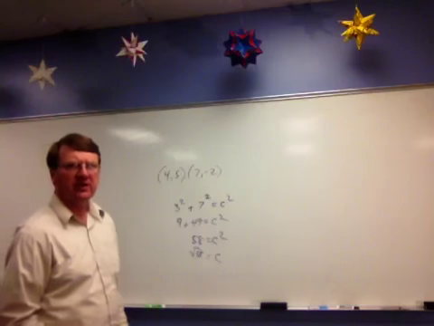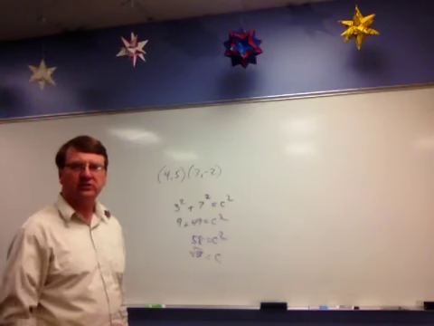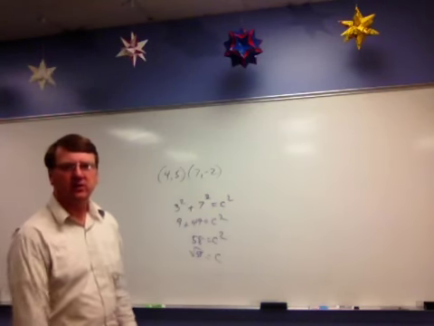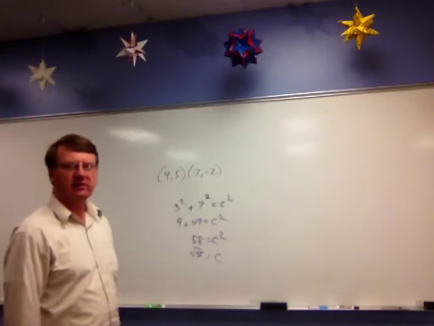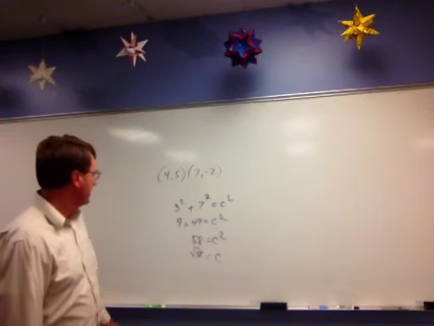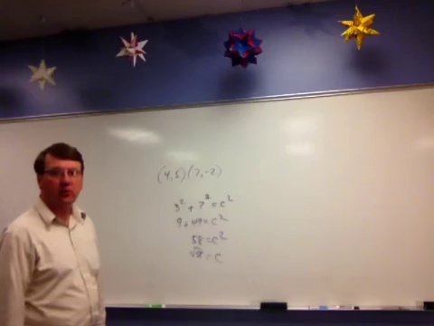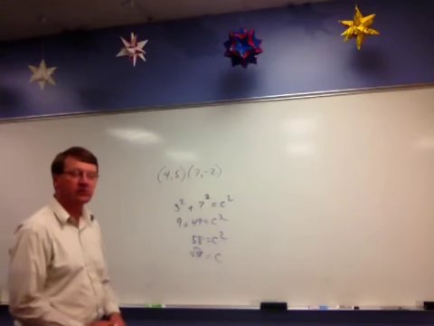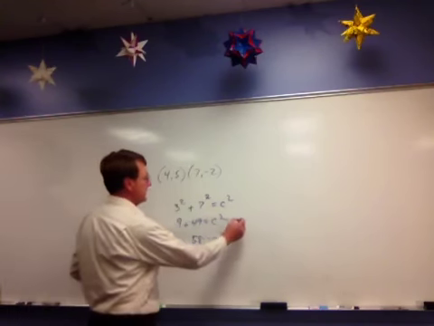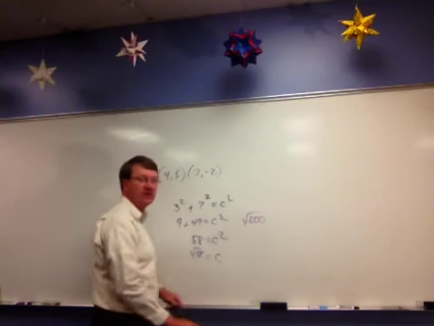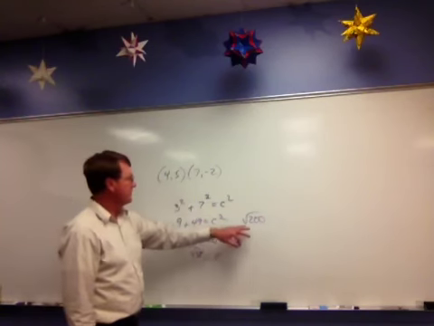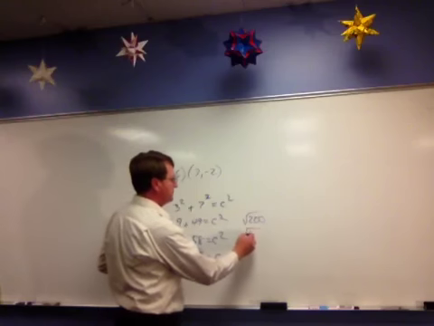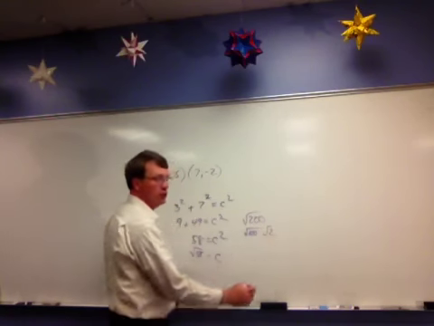Usually, the book or the directions on the worksheet will say round to the nearest tenth, round to the nearest hundredth. Use the calculator to figure that out. Sometimes it'll say simplest radical form. We talked about that today just briefly. When you have something like 200, I don't have 200 on this one, but if I have the square root of 200, I can split that up into 100 times 2.